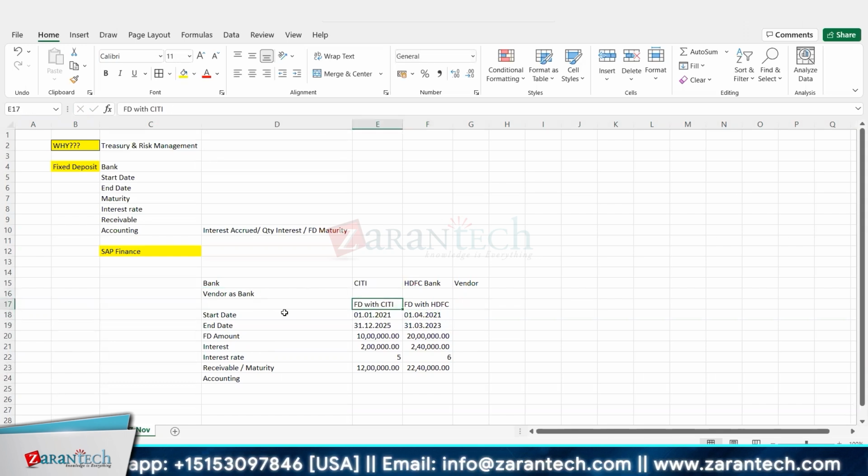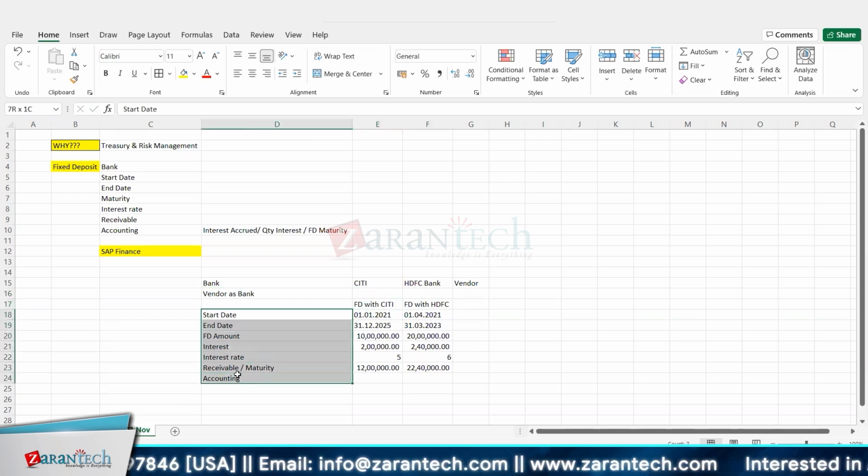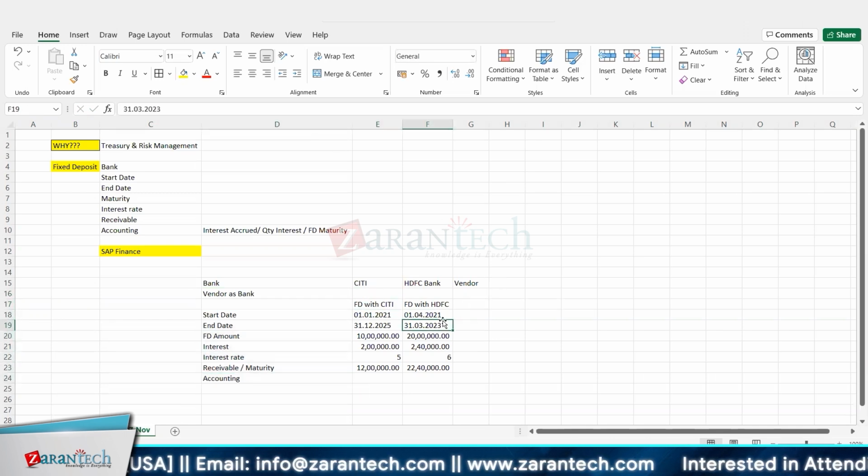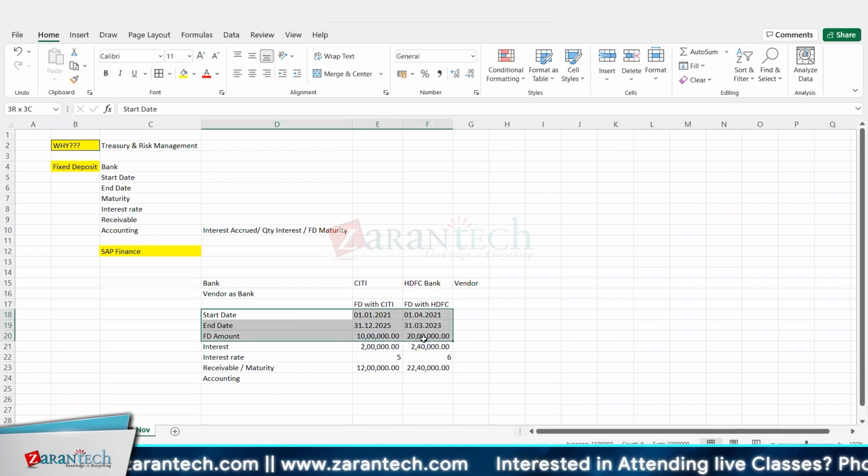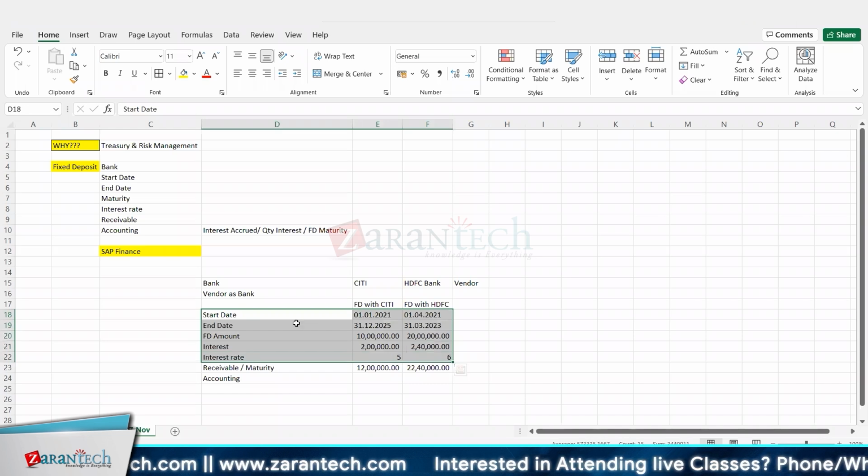So this is the two way: you can create a vendor or you can directly create the GL account. But in this system, the transaction code, you can use FB60 or FB50, but would you be able to get all this information updated in the SAP system?